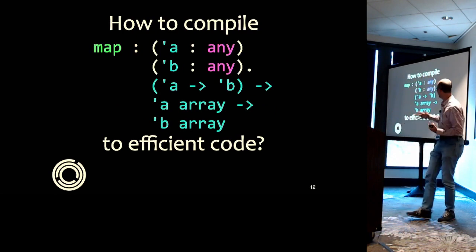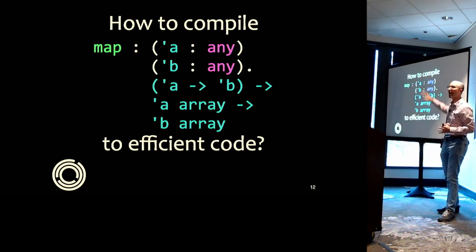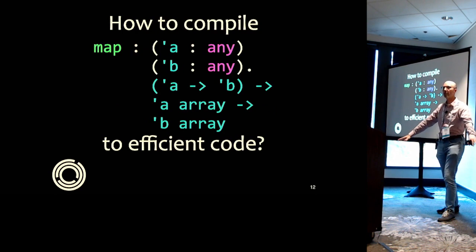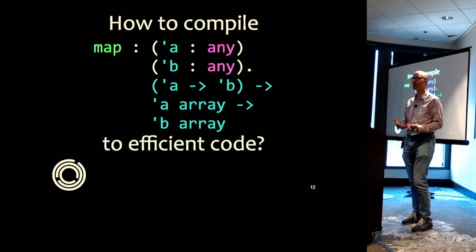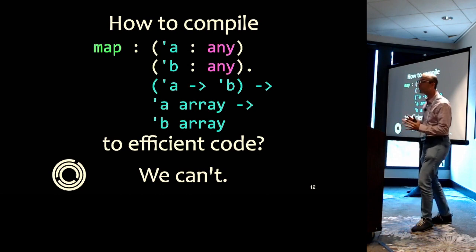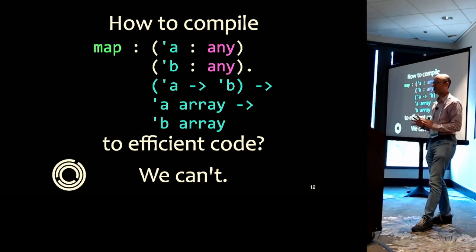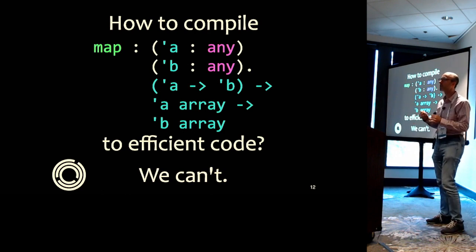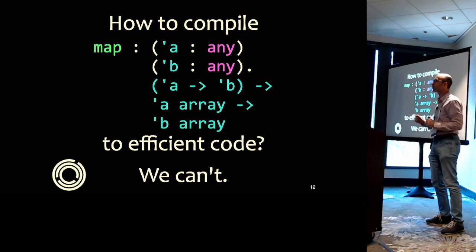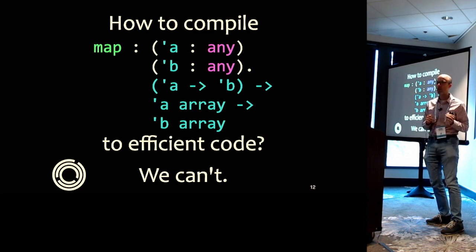Okay, so then the next question is, here I have my nice type of map that's going to subsume all of those map types that we saw a few slides ago. So that's great. But how are we going to compile this to efficient code? I said earlier that we can't do that, and indeed we can't. So we could compile this to inefficient code, right? I could preserve the layouts as little tokens at runtime, and then call the map function and look at the tokens and say, oh, once I know the layouts, then I know what registers to access the next arguments in, or I know how to represent this stuff in memory.